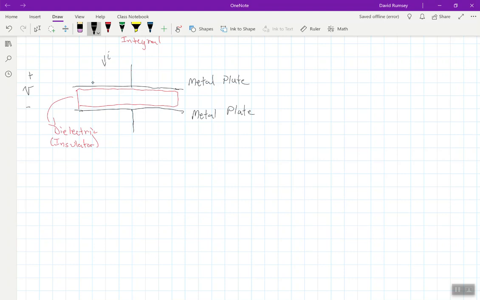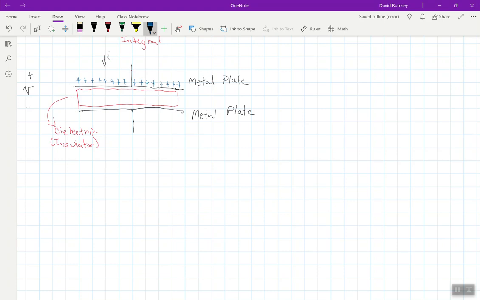Now, just from a natural state here, we can say, well, wait a minute. If this is an insulator, current's, quote, not going to flow through an insulator. So what's going to happen instead is the current comes here, and I build up a bunch of positive charge on the top of this plate, because the current isn't, quote, flowing through the capacitor.